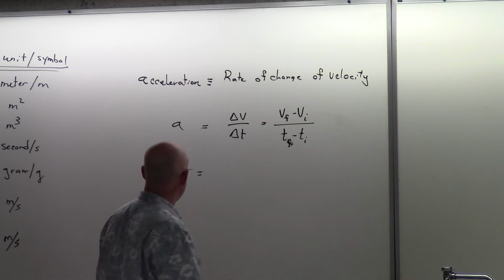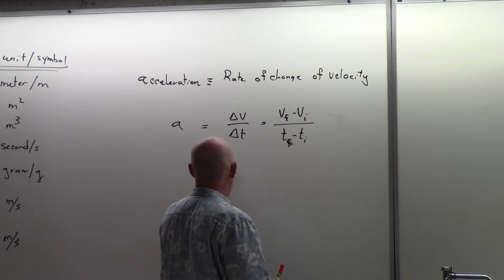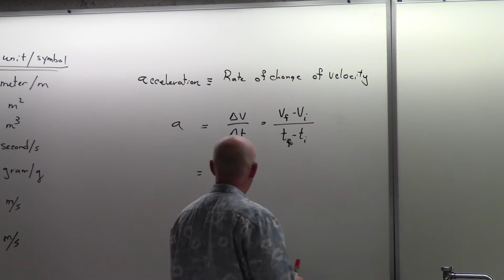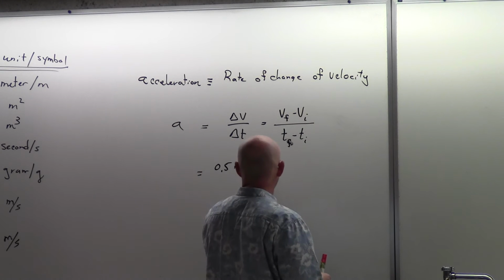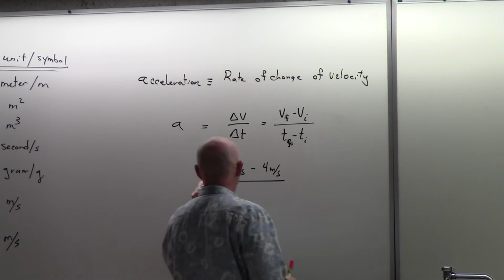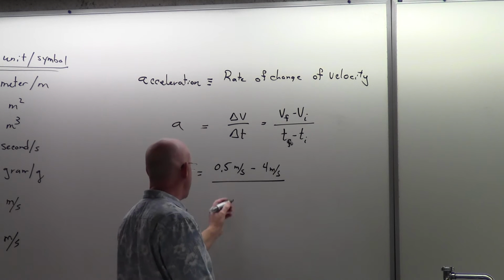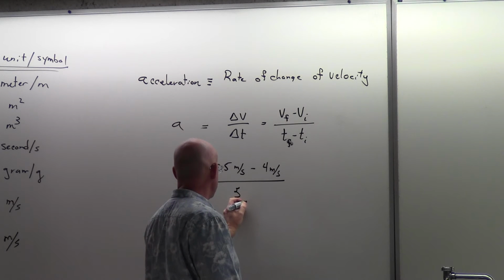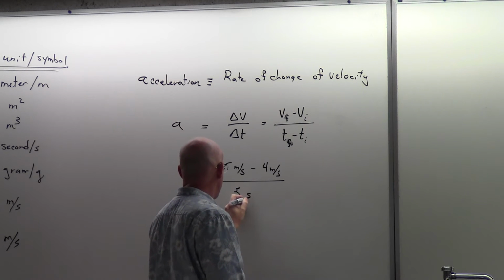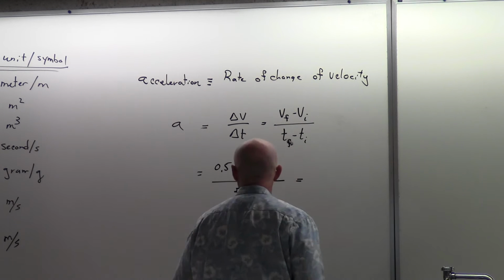And so I'll put in here my final speed of a half a meter, my initial speed, 4 meters per second, and the time that it takes me to slow down is this 5 seconds.